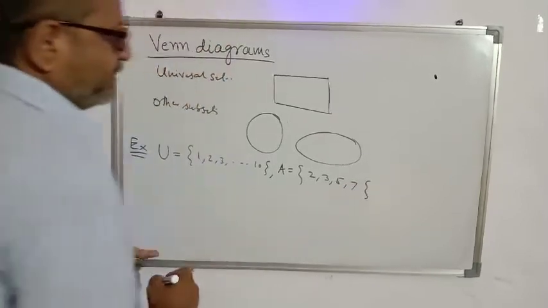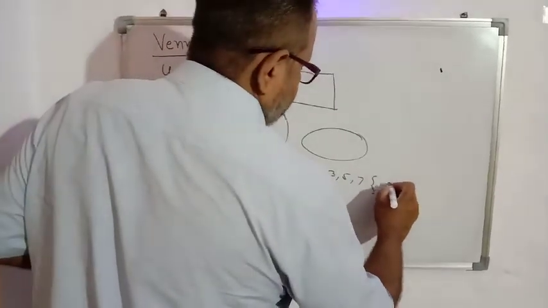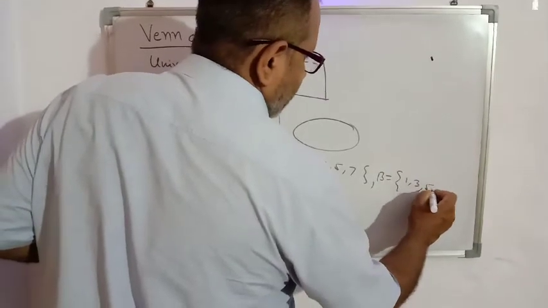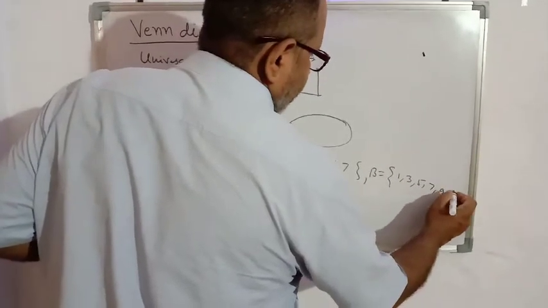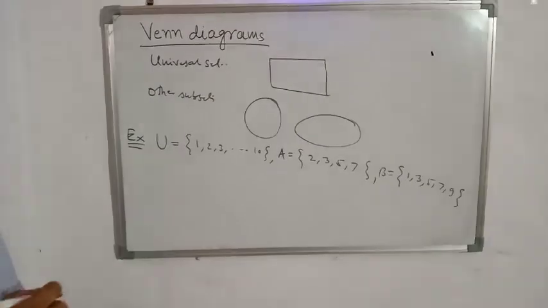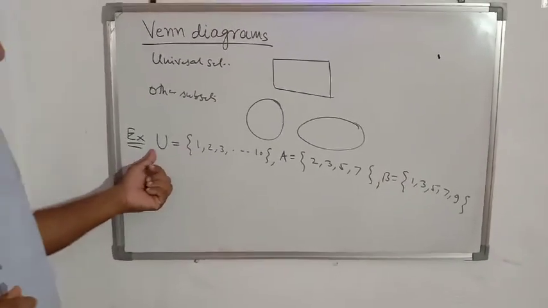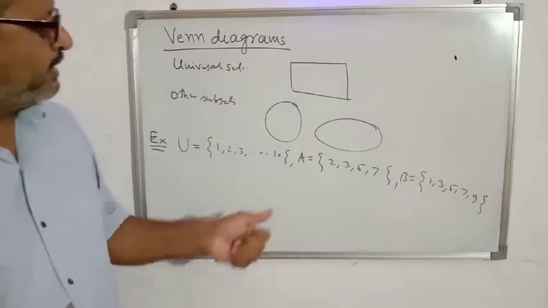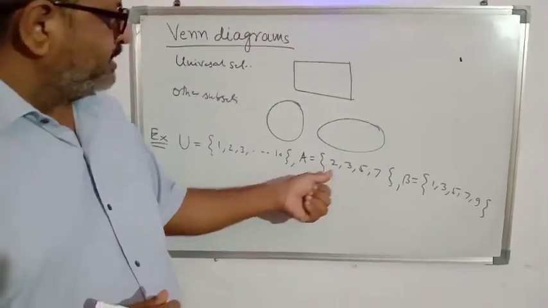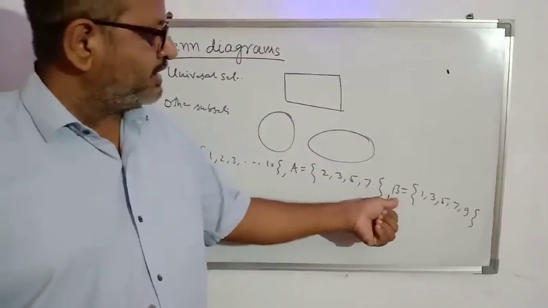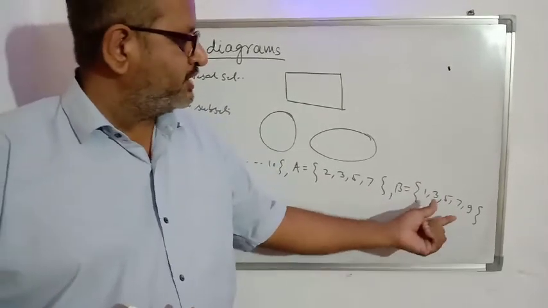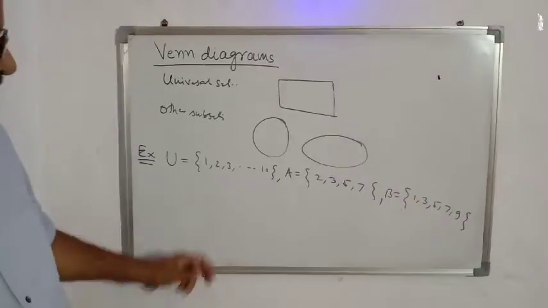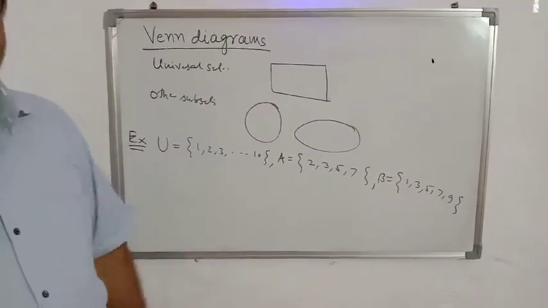And B is the odd numbers: 1, 3, 5, 7, 9. I have taken one example in which the universal set is the first 10 natural numbers, 1 to 10. Subset A is 2, 3, 5, 7. Another set B is 1, 3, 5, 7, 9, the odd numbers. These are prime numbers. We have to represent them by Venn diagram.